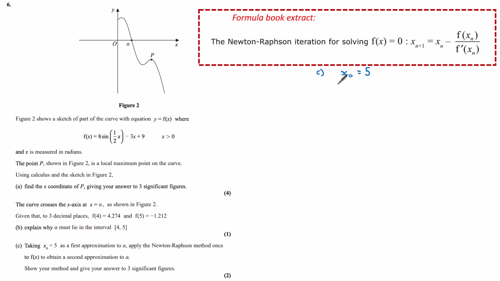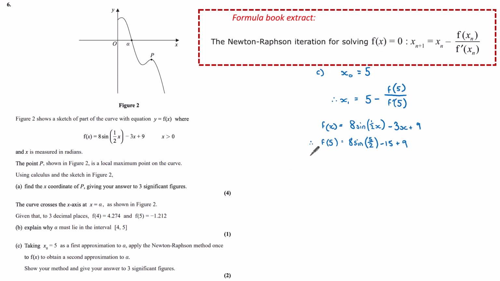So we're given our first term, x0 is 5. Therefore our next is equal to our previous solution, 5, subtract 5 into our function, divided by 5 into our differentiated function. Our f of x is 8 sine half x minus 3x plus 9.